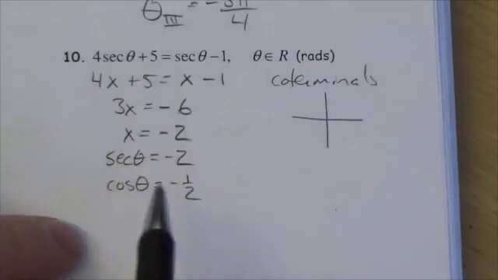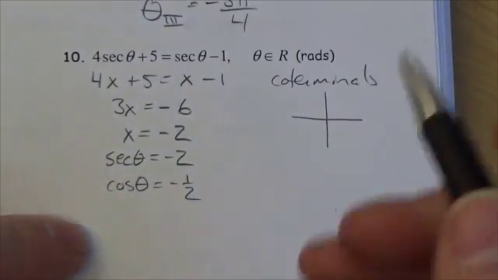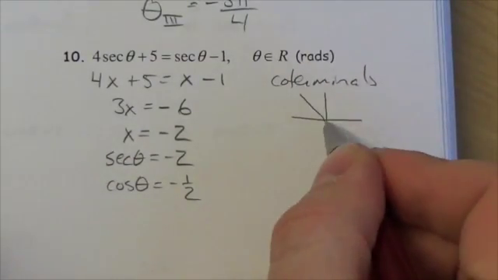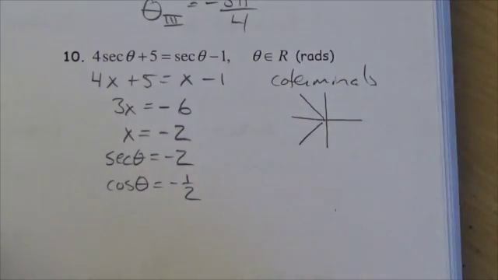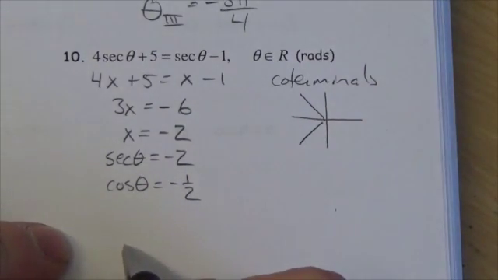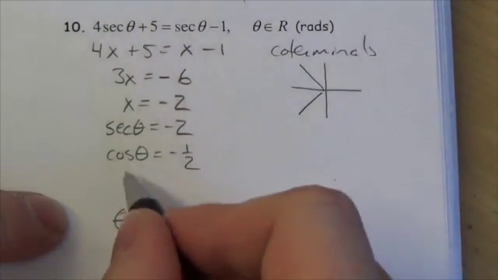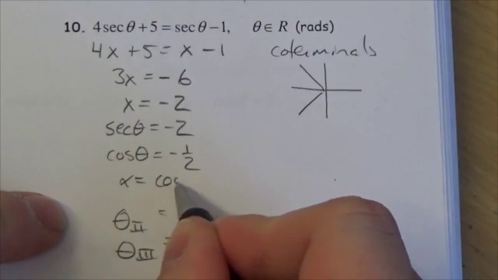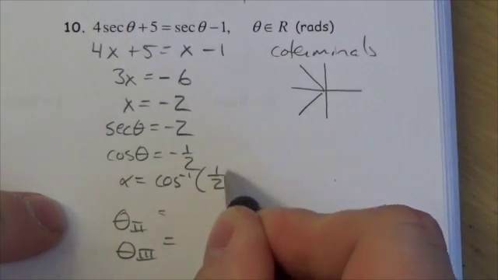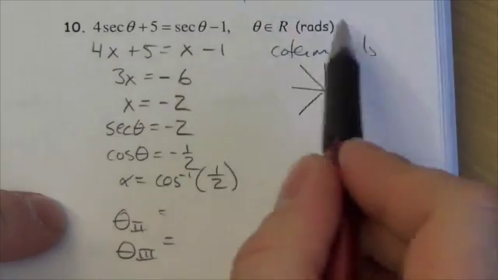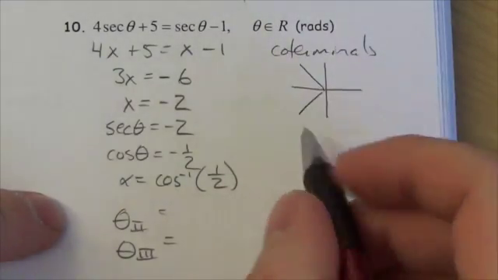Okay, now, cosine is negative, so now I can tell you that my answers here will be in quadrant 2 or quadrant 3. Okay, so I'm going to get my quadrant 2, my quadrant 3. First, I got to get my reference angle, though, so this is going to be the inverse cosine of +1/2. I am in radians. Okay, that's what the question says here.